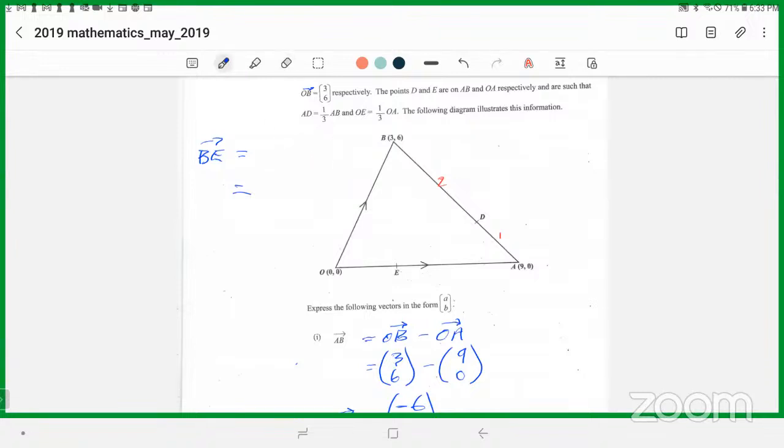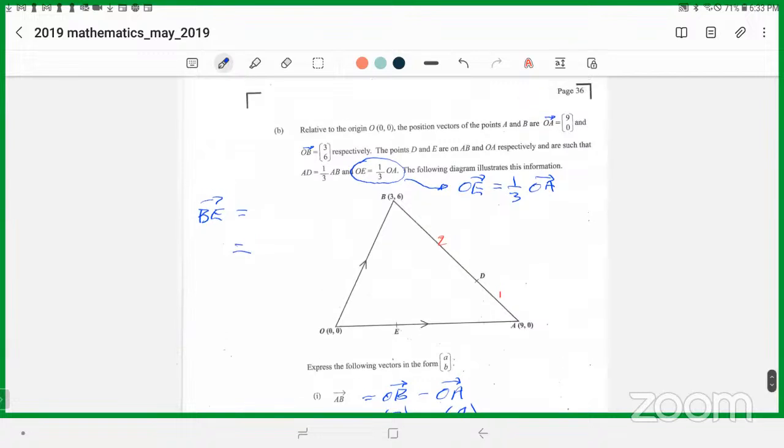Based on this information, I will know the position vector of E, because OE is 1/3 of OA. And based on this information, it means that the vector OE is 1/3 of the vector OA. And OA is 9, 0. 1/3 of 9 is 3.